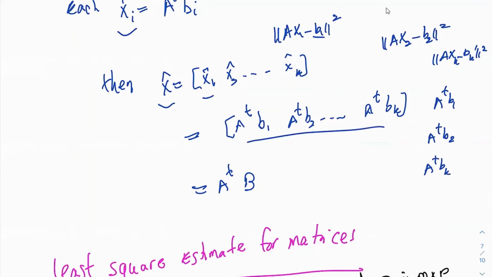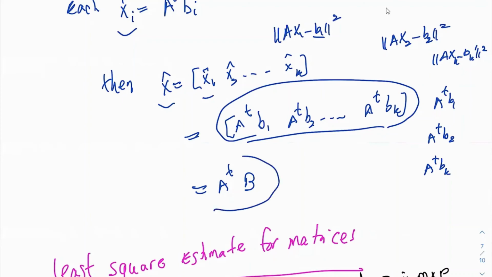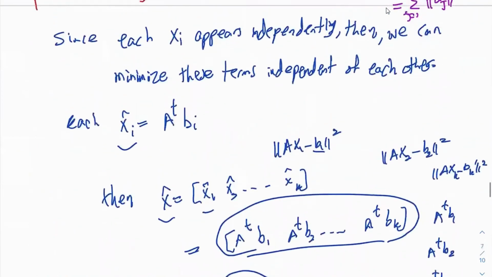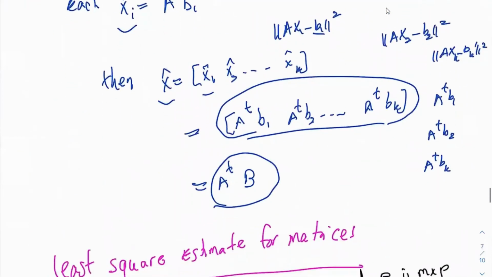And again, recall from the properties of matrix product, what is this equal to? We are multiplying A pseudo inverse by every single column of B. This is nothing but A pseudo inverse B, right? Very good. So that's how you find the least square estimate for X. So X hat is going to be this.